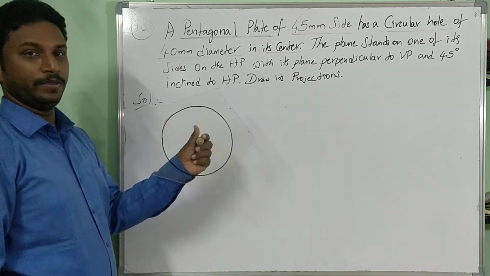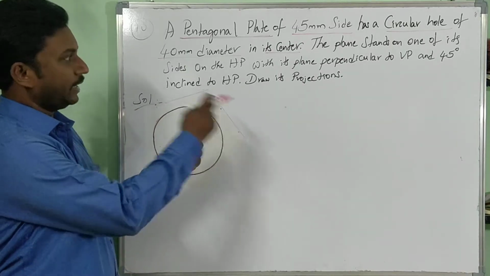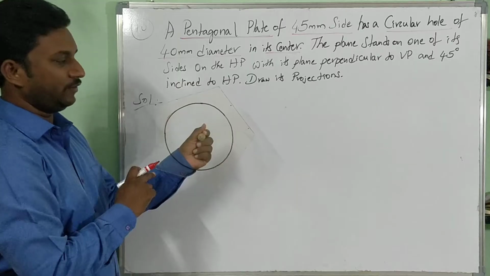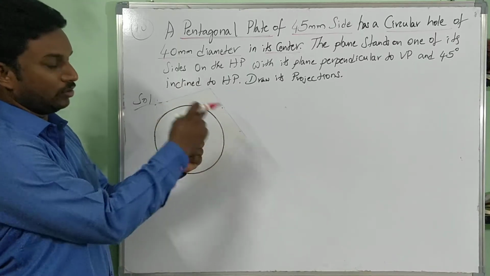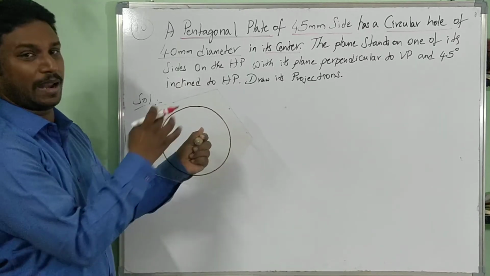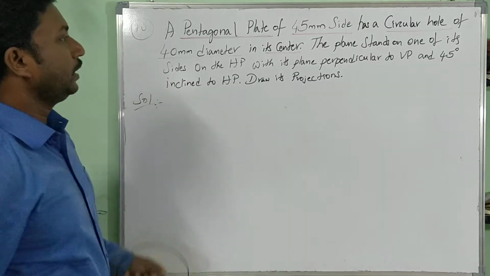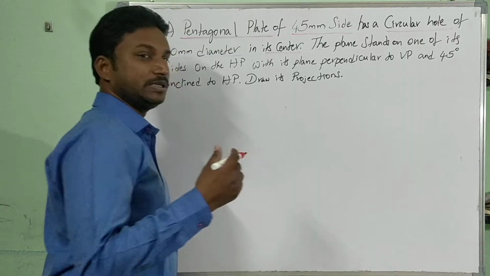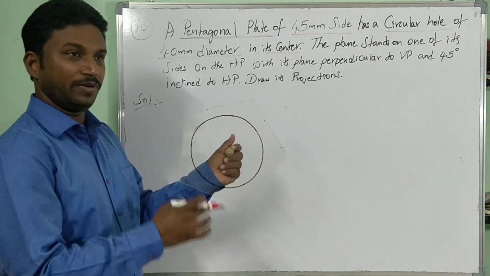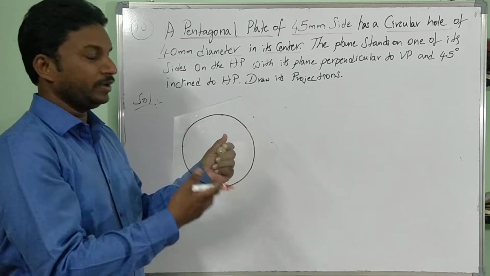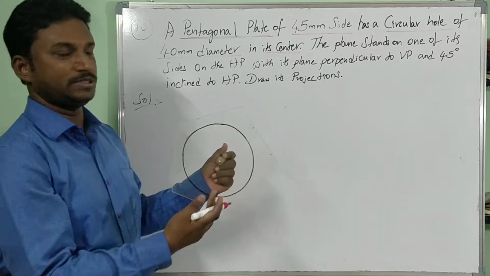Each side of the pentagon is 45 mm. Inside that is a circular hole. You can see it as a black circle, but it's nothing but a hole, a through hole. That's the plane given, according to its dimensions, a combination of two planes.